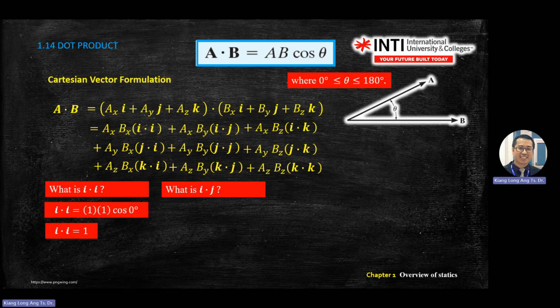What is the theta? Hey, this one is simple. All of you are good at playing games. X, Y, Z. This is i, this is j, this is k. What is the angle between i and j? 90 degrees. So cos 90 equals 0.